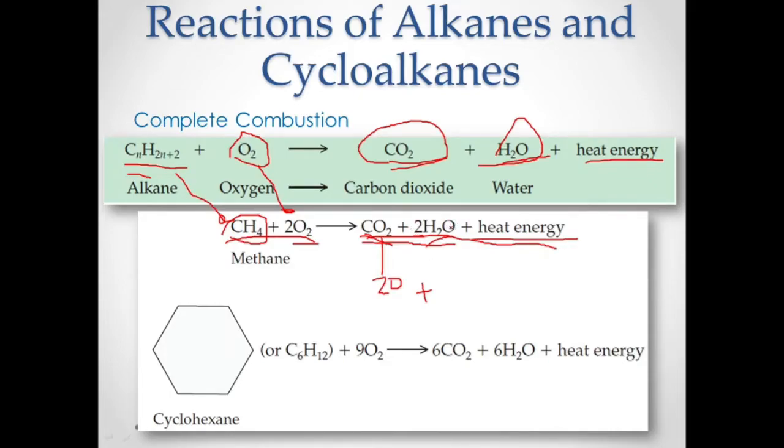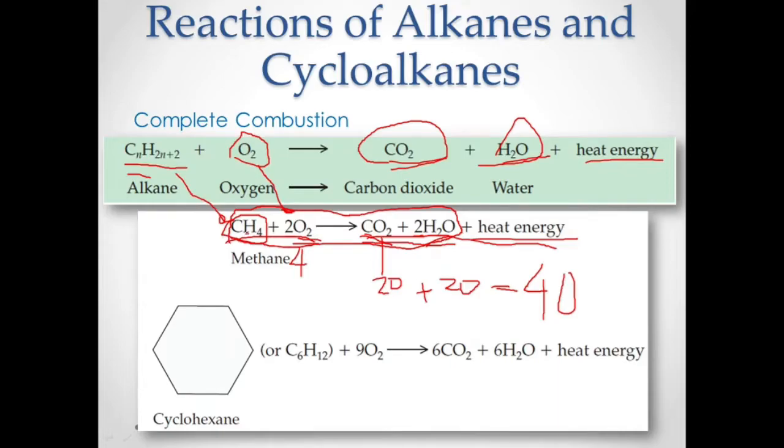So 2 times 1 would be 2 oxygen. How many total oxygen on the product side? There are 4 oxygen. On the reactant side, there are only 2 oxygen. So to balance your oxygen, you put a coefficient 2. That becomes 2 times 2, which is 4.